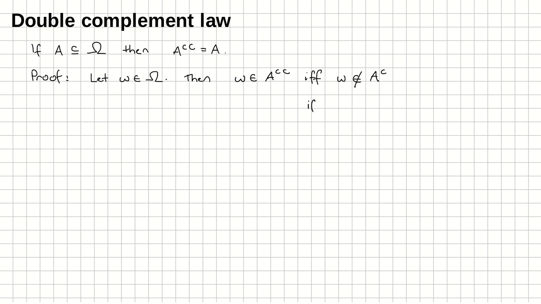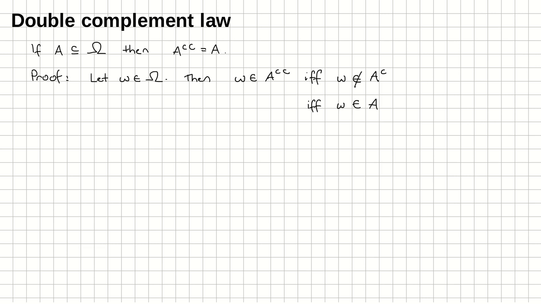Okay, well let's just take the same reasoning one step further. You're not in the complement of A if and only if you are in A, because the complement of A is the set of things which are not in A. I've drawn a cross there, which I shouldn't have done, so let's just correct that. There we go.